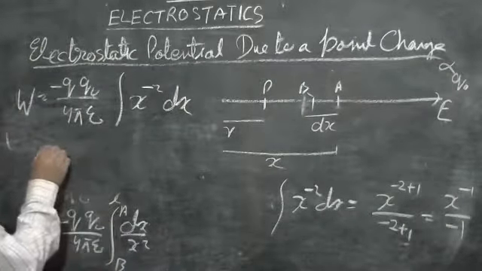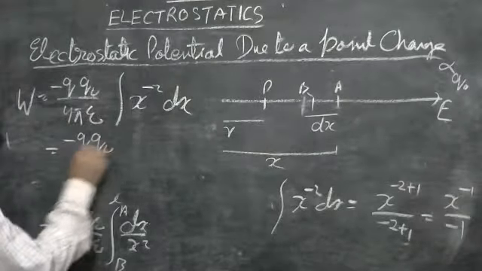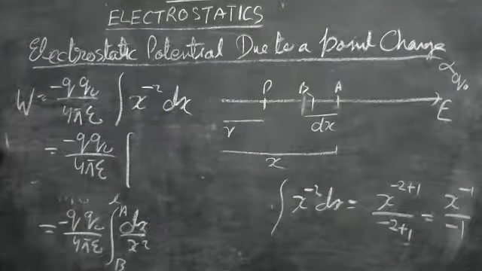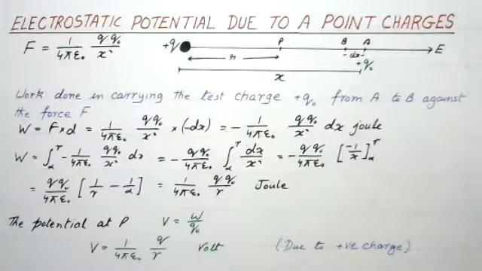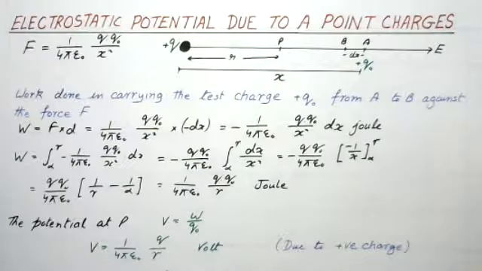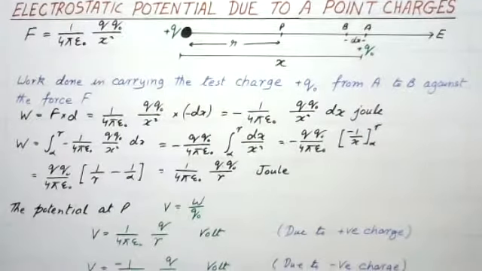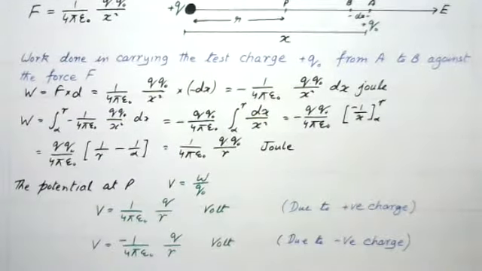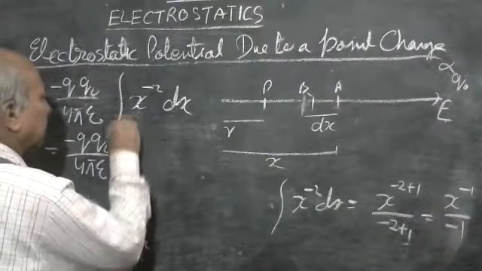Now integrating, this will be minus q naught upon 4 pi epsilon naught, taking from B to A.